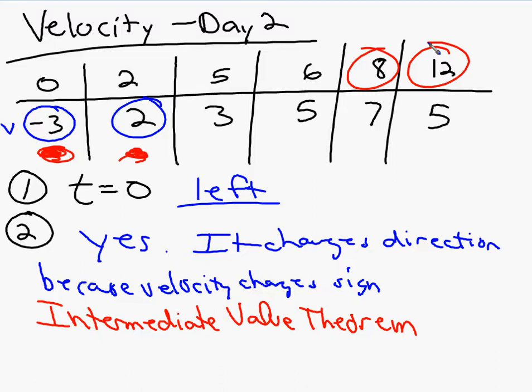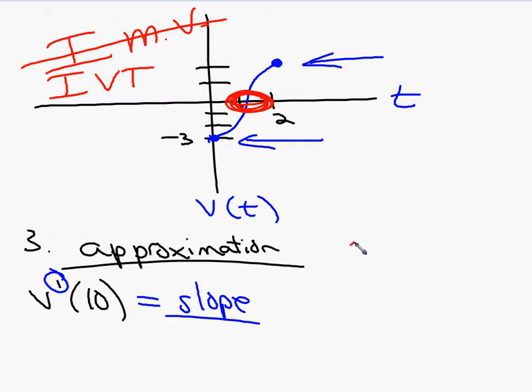So can't I approximately find out what the slope is at 10 using those 2 points? Let's do that using these 2 points right here, (8, 7) and (12, 5). So I have 2 points, (8, 7) and (12, 5). And yes, it's back to our song again.